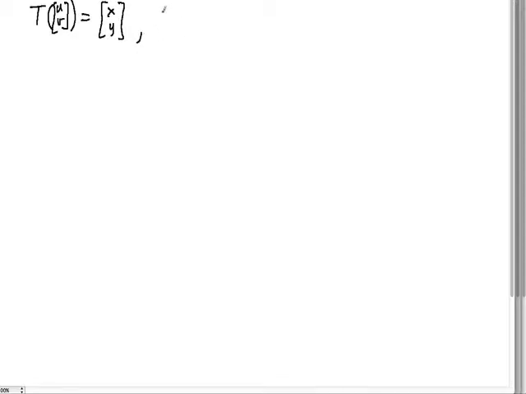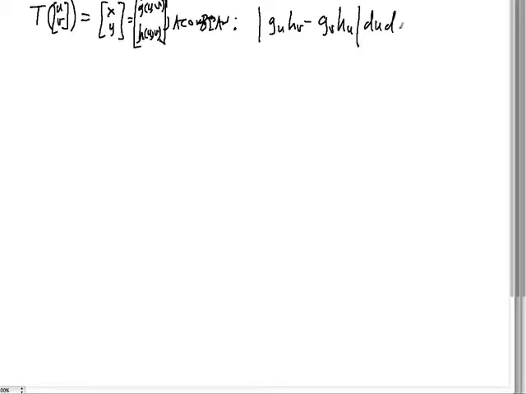And what we have is what we call the Jacobian, which is g_u h_v minus g_v h_u. I won't put the du dv there yet. That's what we call the Jacobian, the absolute value of the determinant of the Jacobian. It's one way to think about it.